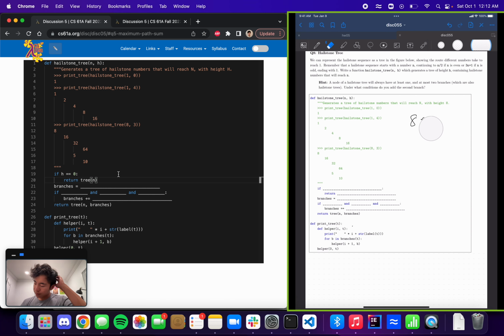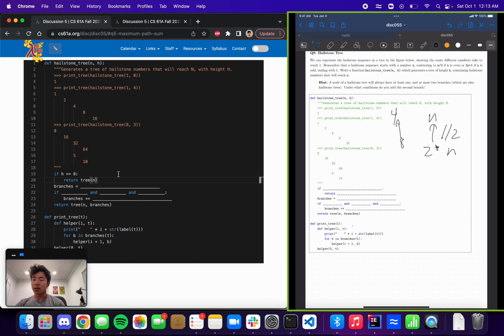Because if you consider 2 times n, it will always lead to n due to the fact that 2 times n is even, and following the rules of hailstone, 2 times n divided by 2 would become n. And so 2 times n is always going to be a branch of this hailstone sequence. So for the even number that leads to 4, for example, there's always going to be that 8, that 2 times n, that's going to lead to that 4. And so that's one branch that's always going to exist.